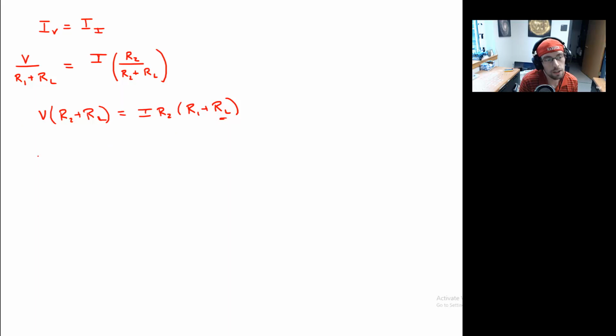I end up with something that says the potential source minus IR2, that whole rigmarole, is multiplied by RL. That must be equal to R2 parenthesis IR1. So I've got a common factor of R2 coming in, minus V.